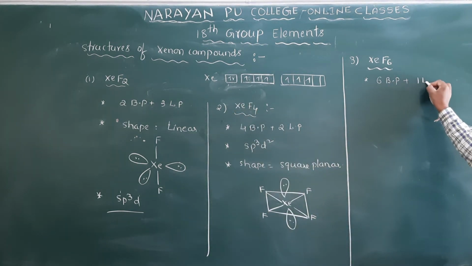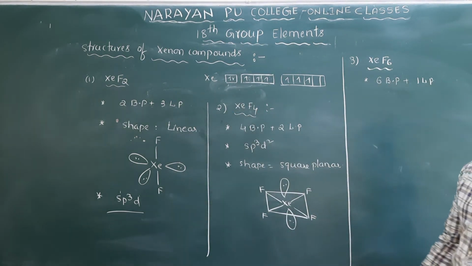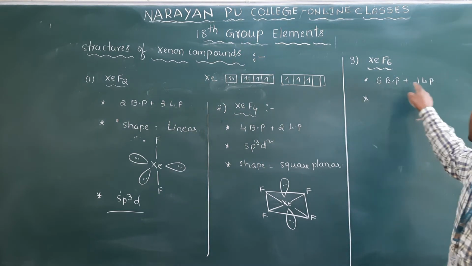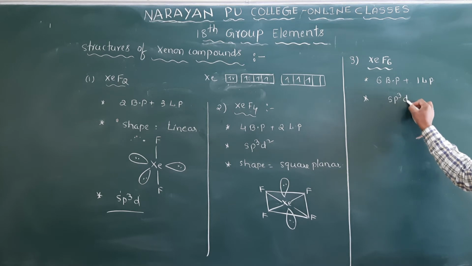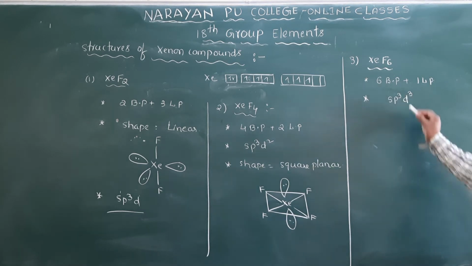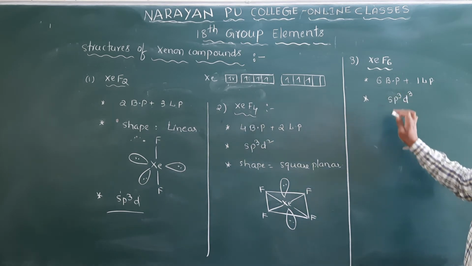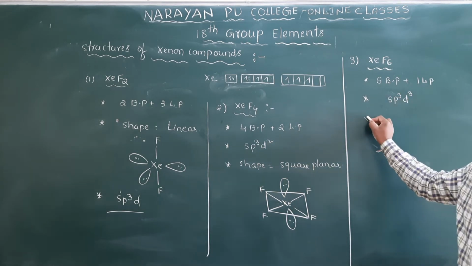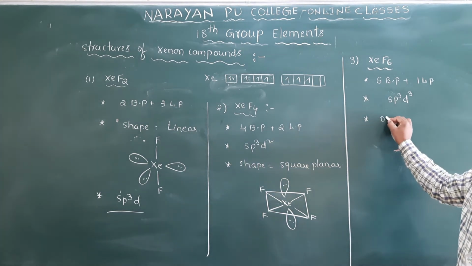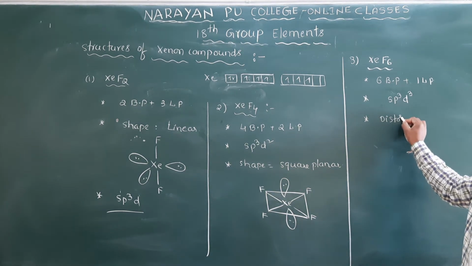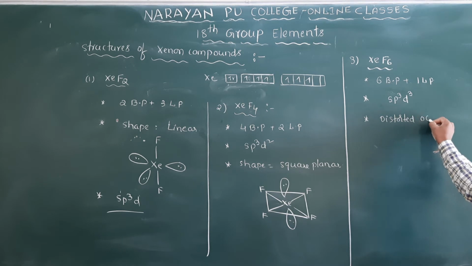Then what is the hybridization? 6 plus 1, 7, so sp3d3. Because 3 plus 3, 6, 6 plus 1, 7. Then what is the shape of this molecule? The shape of the molecule is distorted octahedral.